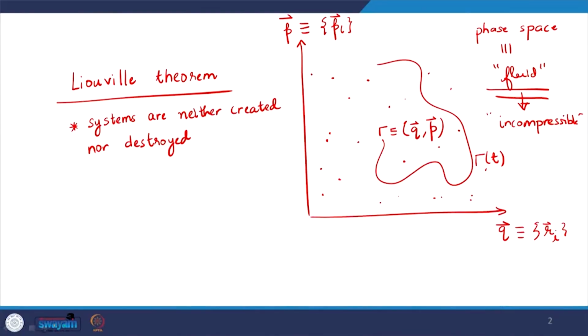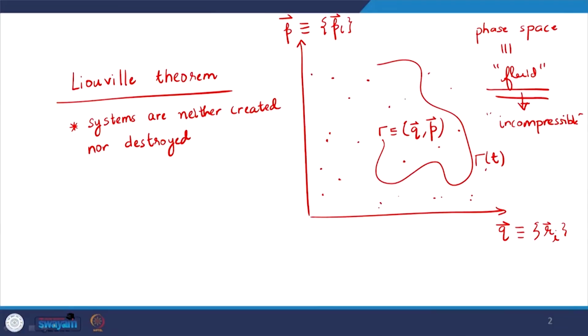In some sense each of these phase points, each of these gamma values, are different systems, so to speak. So, when I am looking at the trajectory in molecular dynamics, I am looking at a particular system starting from one particular gamma value. Of course, the gamma of that system will change, but that system is not being created or destroyed. Similarly, you can have some other system that is here to begin with, and then it is going in this particular way.